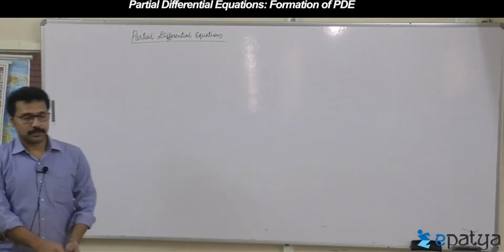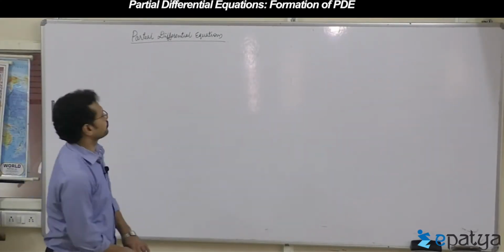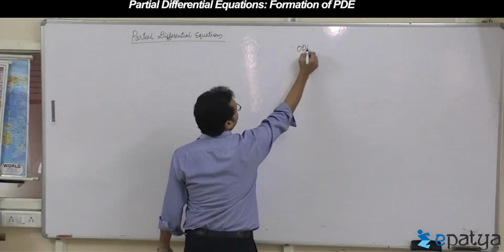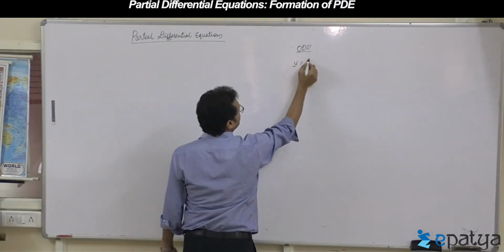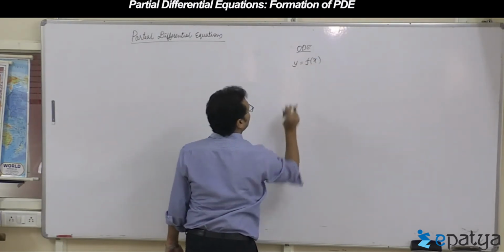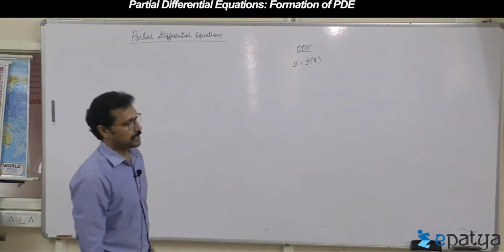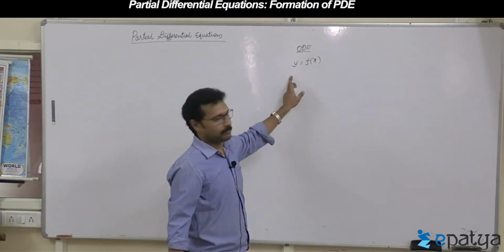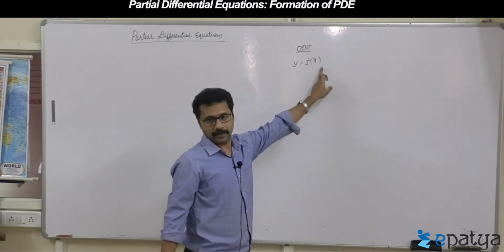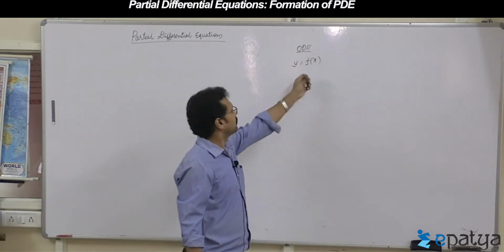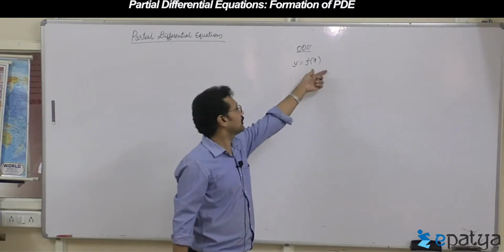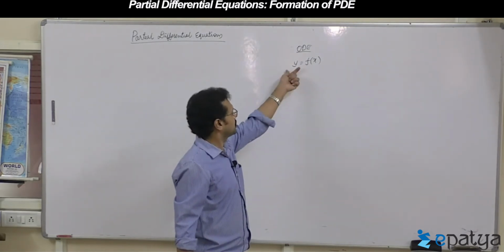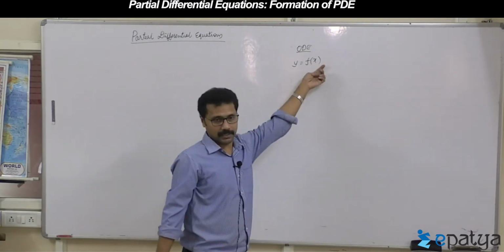Partial differential equations. In the case of an ordinary differential equation, we had y as a function with total dependence on x. We have only one independent variable and one dependent variable, in which case whatever changes in x will totally reflect in y, or whatever changes in y are just because of changes in x only.